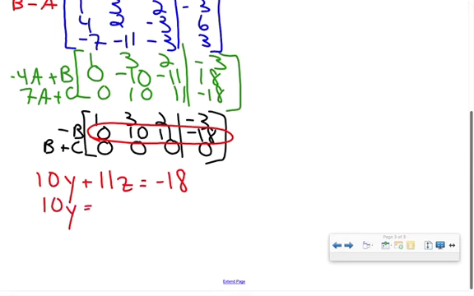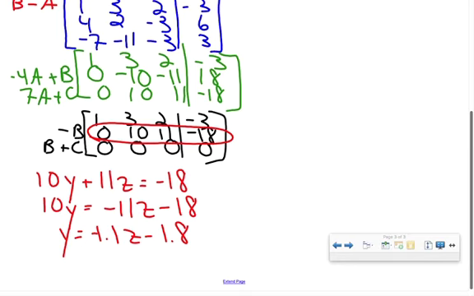So 10y would equal negative 11z minus 18. And when I divide both sides by 10, I get that y is negative 1.1z minus 1.8.